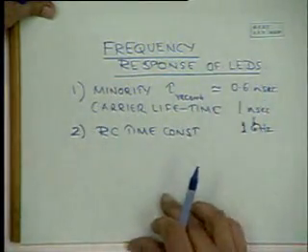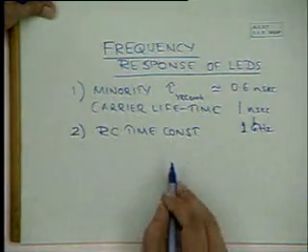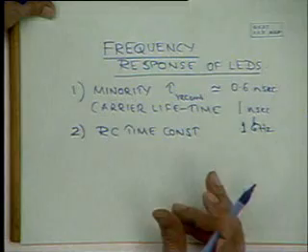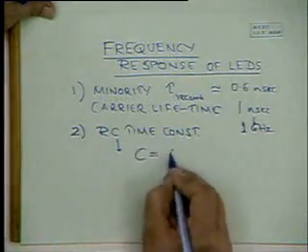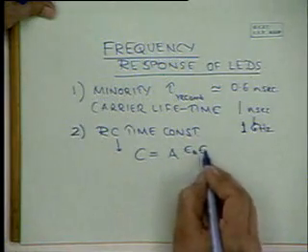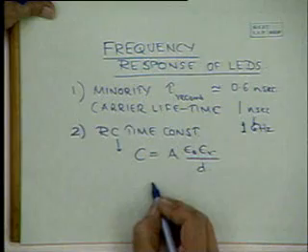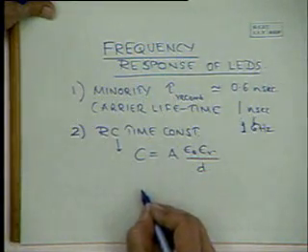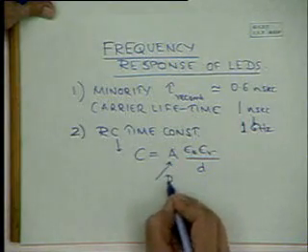The other response time is due to the RC time constant. It's a device, so what is capacitance? Capacitance C is equal to A epsilon 0 epsilon R by D. So if you want to reduce it, you reduce the area.